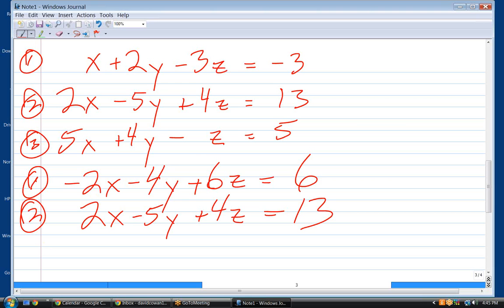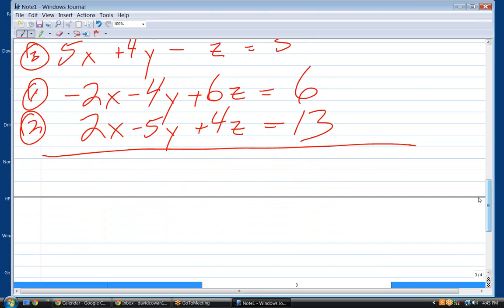Okay. And this is a key part of the pattern. What I'm going to do is I'm going to create an equation 4 and an equation 5. This is equation 4. And it's going to have no x. Remember, I'm adding these two equations.